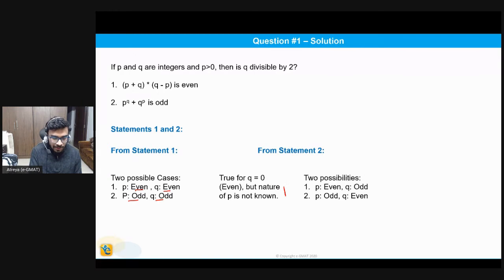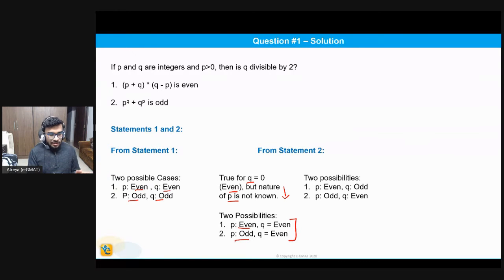Now, from this part, since Q is odd and we do not know the value of P, there are two possibilities for P. P can either be even or odd. Keep in mind that Q is even in the case where Q is equal to 0. Now what we will try to get is whether there is any common possibility from statement 1 and statement 2.